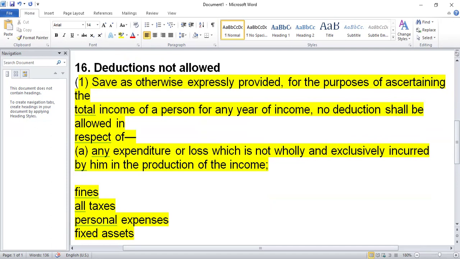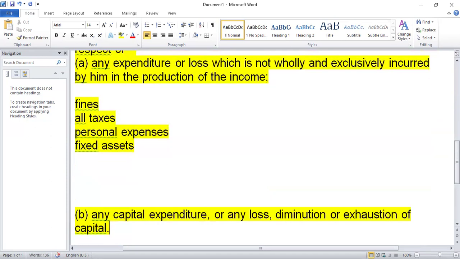So there are several of them, those expenses which are not wholly and exclusively incurred. Any capital expenditure or loss, diminution or reduction of profit, should not be deducted; this relates also to the fixed asset. You only claim the investment allowance. The capital expenditure you disallow.